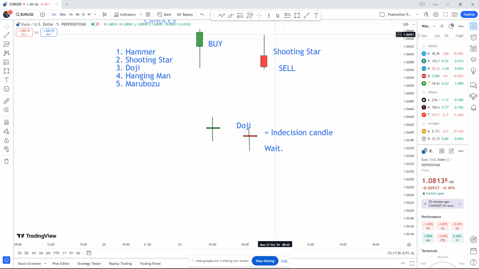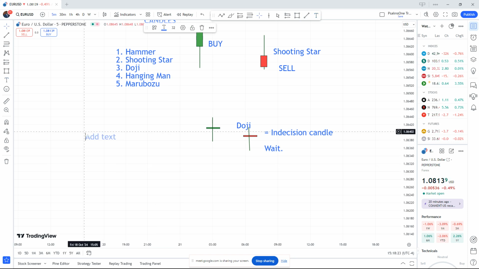So the interpretation for doji is that the market opened, maybe it went down, and when it got to this lower part, it met a lot of buy orders. People found this price cheap and wanted to buy from the level, and because the higher the demand, the higher the price, the price kept going up.